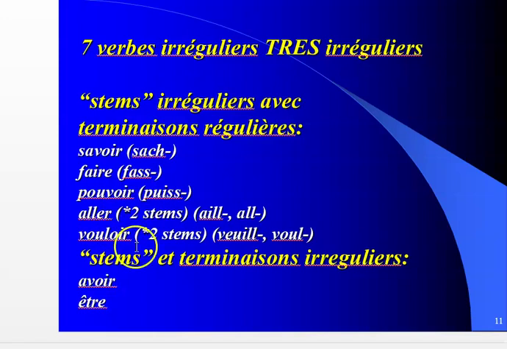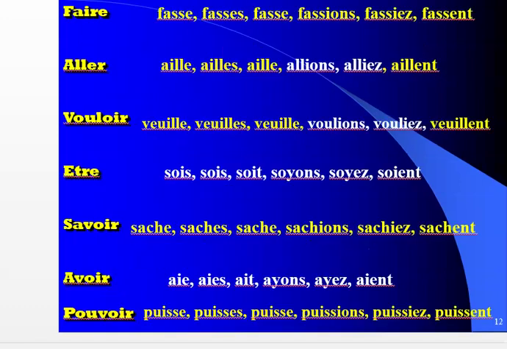And vouloir also has two stems. The first one, for je, tu, il, and ils, is veuill, and the second one, for nous and vous, is voul. So let's see what all of those look like together. I've given you all the endings. All of the ones here, faire, aller, vouloir, savoir, and pouvoir, have the same regular endings we've been doing: e, es, e, ions, iez, ent.